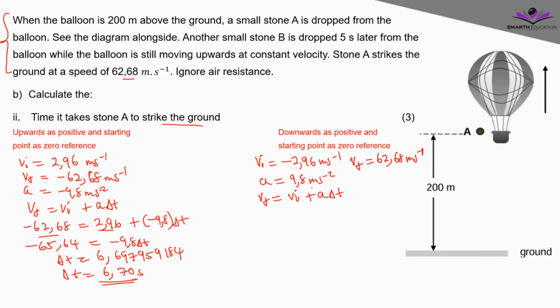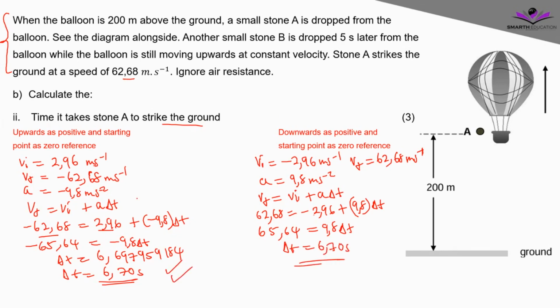So we substitute: 62.68 is equal to negative 2.96 plus 9.8 times delta t. Add 2.96 on both sides of the equation, we get 65.64 is equal to 9.8 delta t. Then divide by 9.8 on both sides, we get that delta t is equal to 6.7 seconds, just like this one.